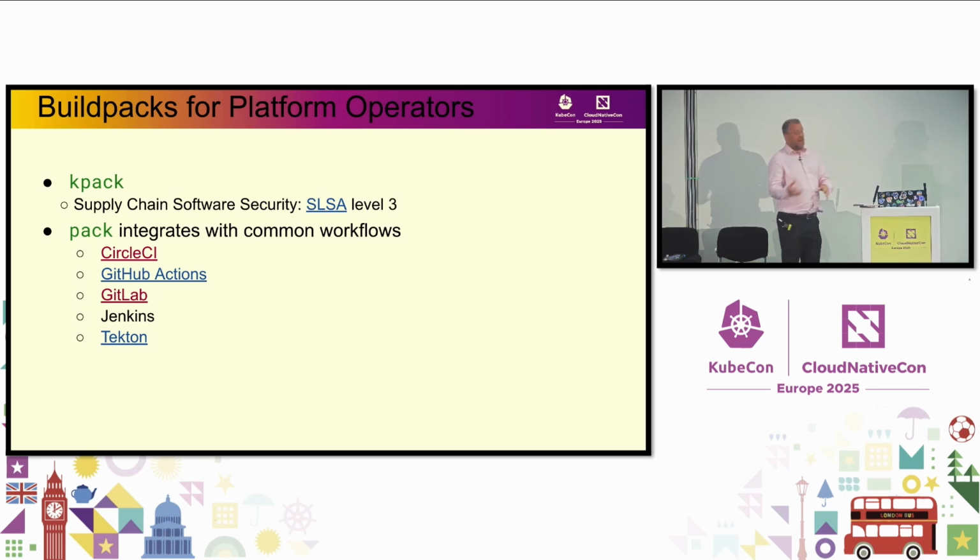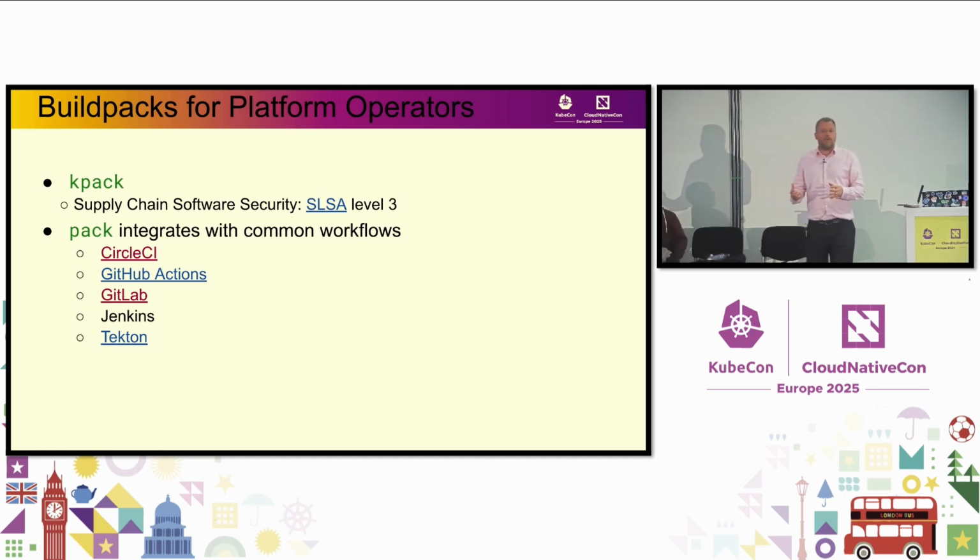PAC is a CLI that Juan demonstrated at the start. It does integrate with common workflows. So anywhere where you're currently building an image using other tools, Ko, Jib, Docker, whatever, you can probably just parachute in PAC. I'll say probably because nothing's easy, is it? But we have documentation and examples around using PAC within CircleCI.